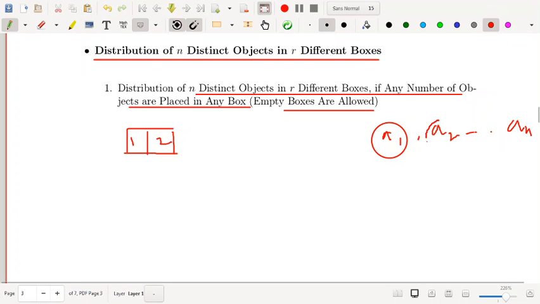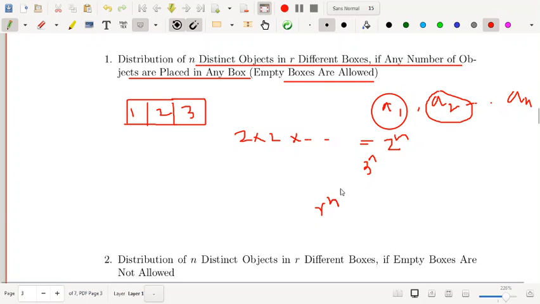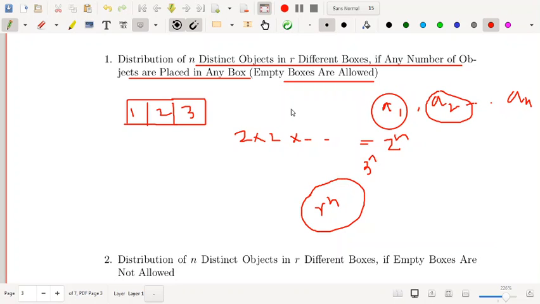The second object also has two possibilities, and similarly the nth object. So there are 2 into 2 into 2, n times, so 2 to the power n ways. Clear? Now for three boxes, 3 to the power n. Similarly for r different boxes, you have r to the power n possibilities. So the total number of possibilities of n objects in r different boxes is r to the power n.